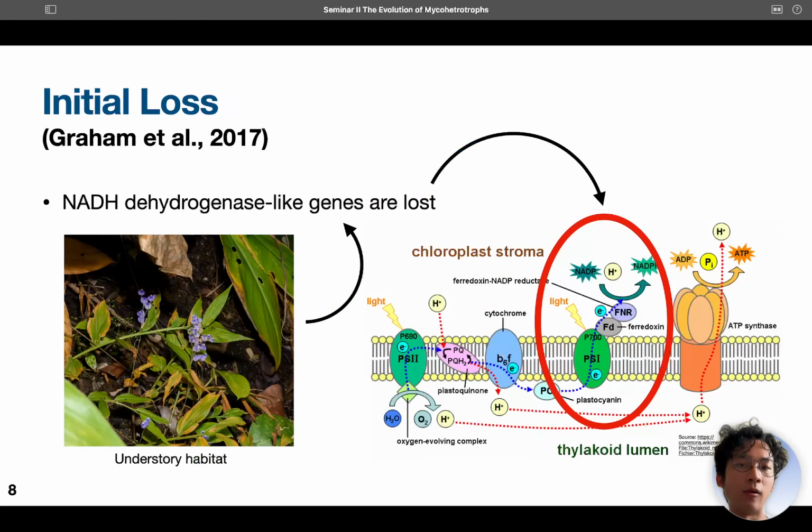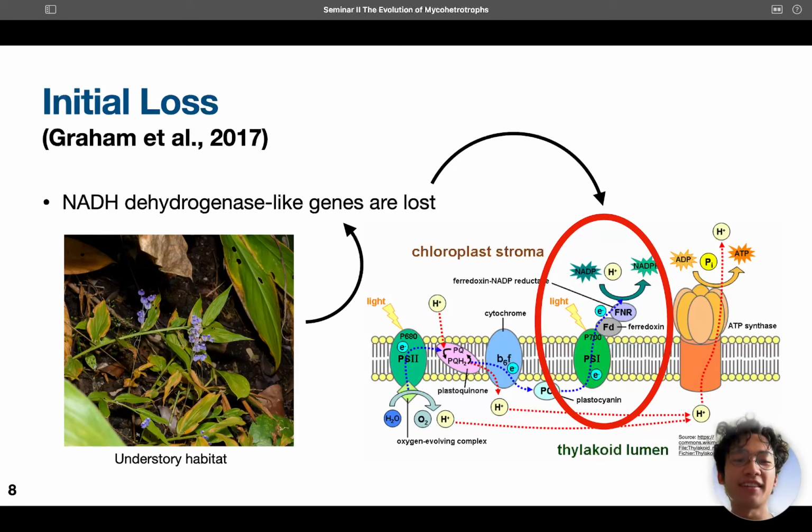For the initial loss, it's thought that the genes that tend to be lost first are the NADH dehydrogenase-like genes, which are related to the response to photooxidative stress, which is the state when the plant faces too strong sunlight.